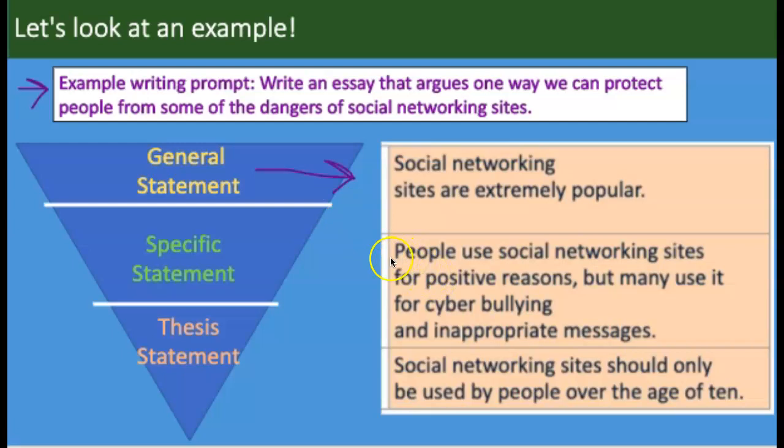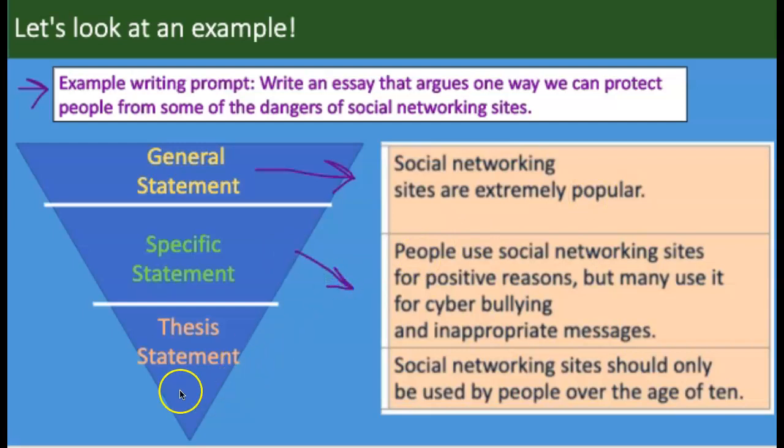Then they write, people use social networking sites for positive reasons, but many use it for cyberbullying and inappropriate messages. So here we're starting to get even more specific. We're narrowing it down from the general idea of social networking sites being popular. Now it's more specific. It sounds like we're going to be talking about some problems associated with social networking sites.